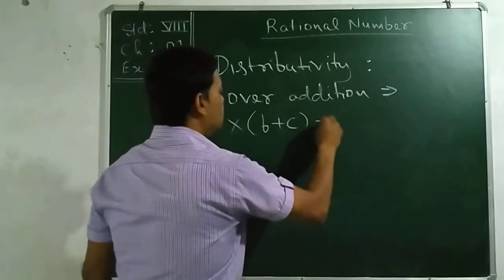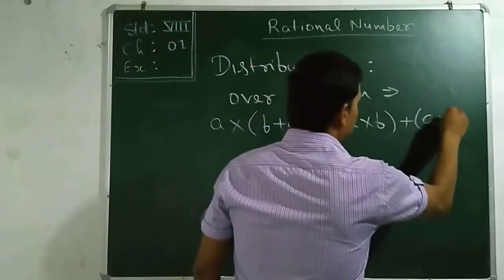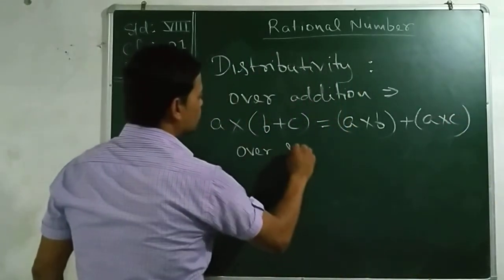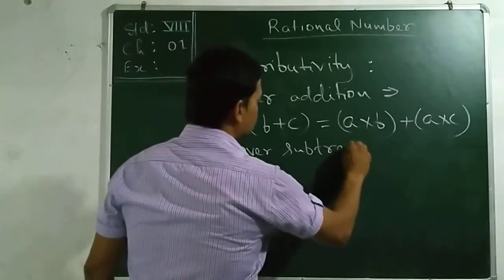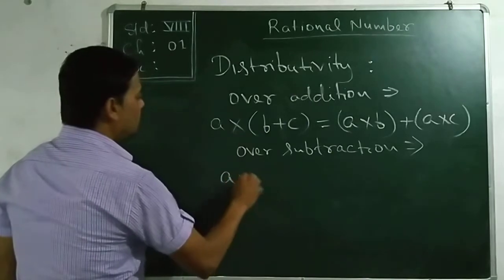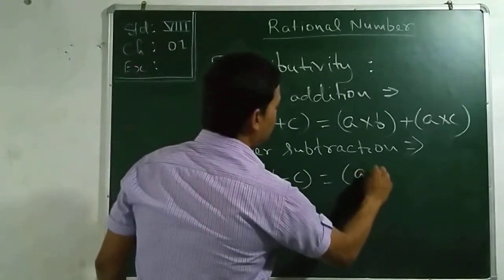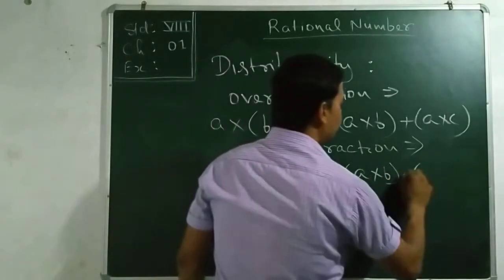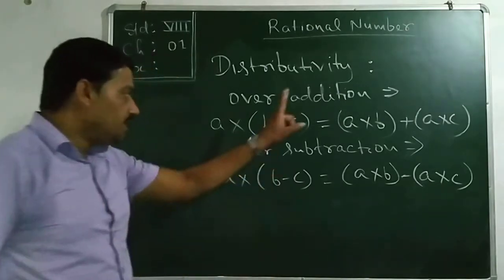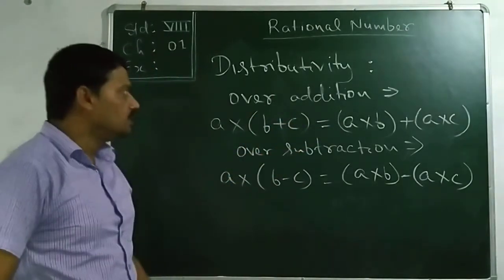A into (B plus C) will be equal to A into B plus A into C, and over subtraction, A into (B minus C) will be equal to A into B minus A into C, where A, B and C are all rational numbers.